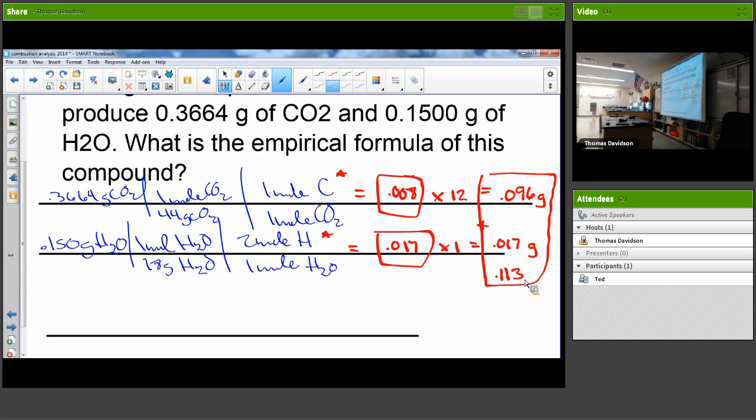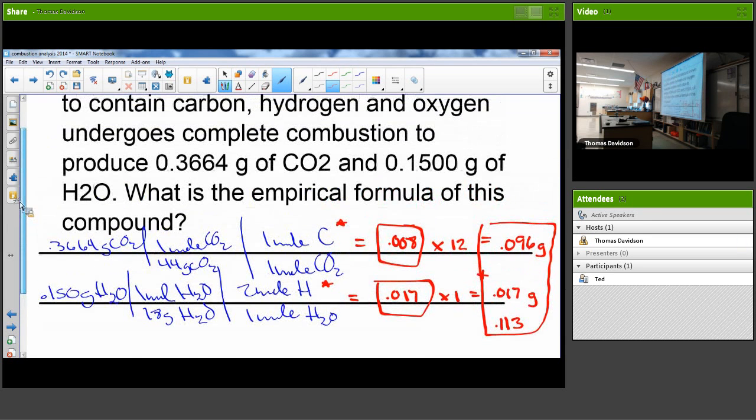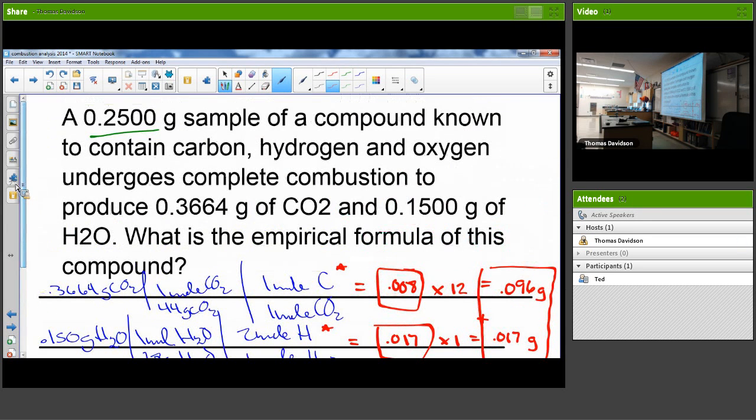0.113. All right, now stick with me. My initial mass is up here. So my initial mass is 0.2500. My mass of C and H is 0.113.